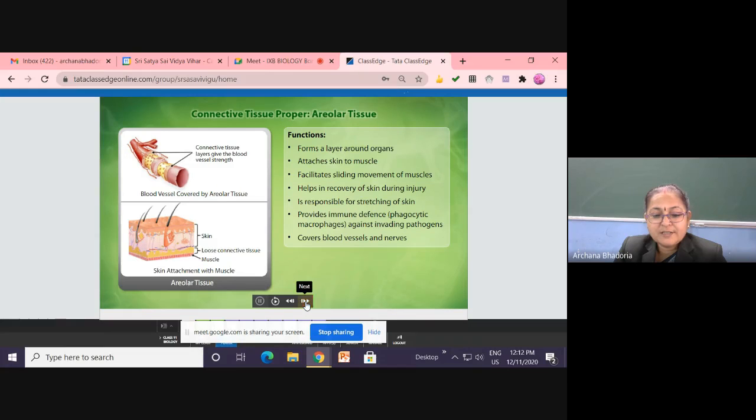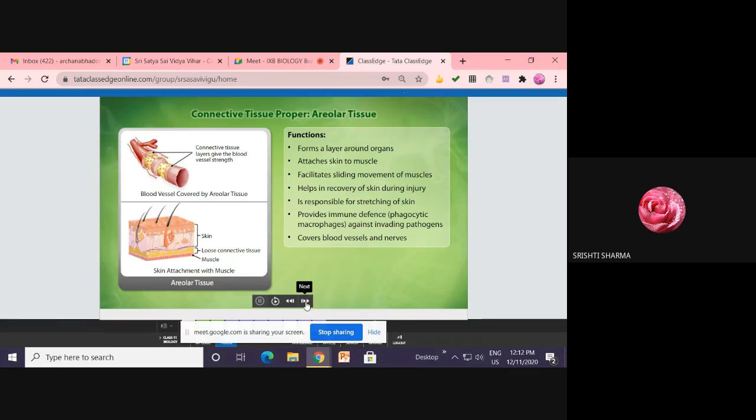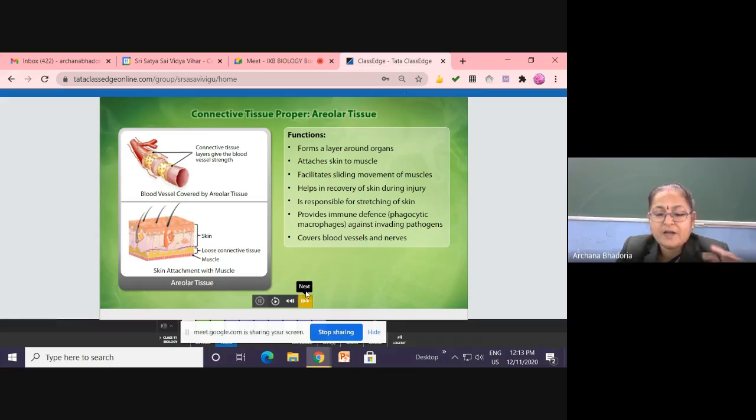Should I change it? Yes, yes. Ma'am, which points do we have to write? Can you tell again? First, forms a layer around the organs, attaches skin to muscle, covers blood vessels and nerves, and provides immune defense.